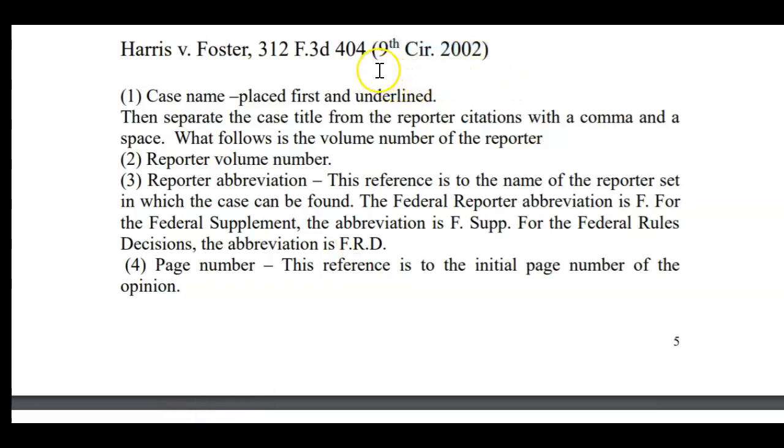Place your space between the numbered circuit and the abbreviation of the word circuit, which is going to be uppercase C, lowercase i, lowercase r, period. Then you add another space followed by the date the case was decided. Then you have a closing parenthesis without a space.